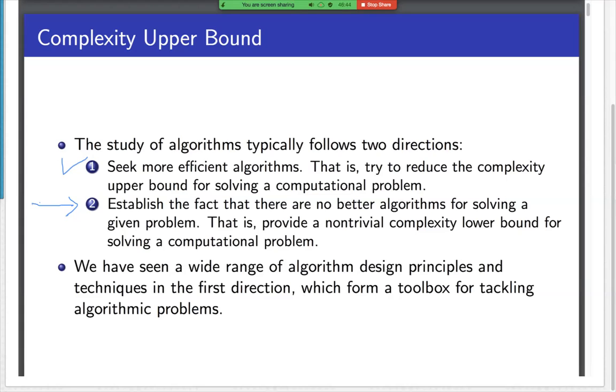But we still have a big body of studies about these problems. People identified the hardest problems among such types of problems.